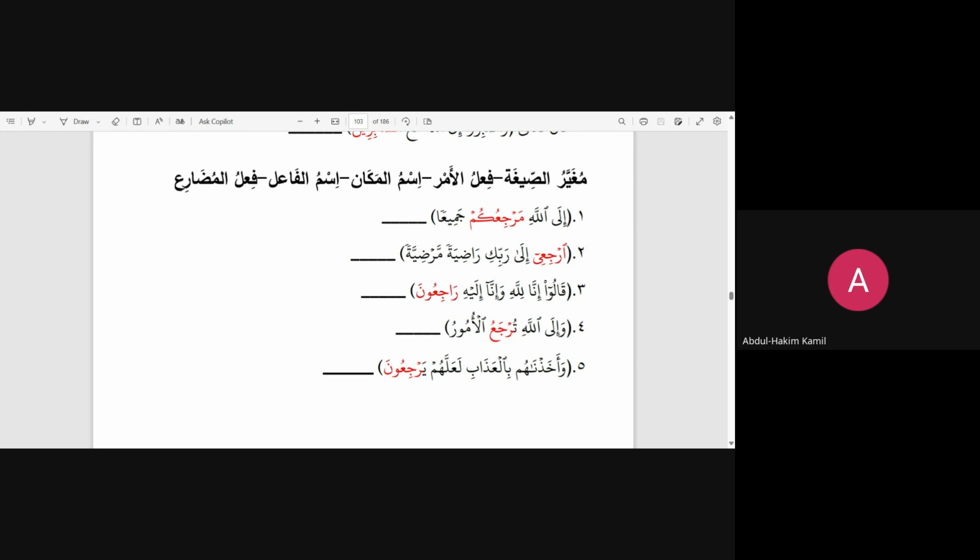Marji'ukum jami'an, that's a heavy statement. When you say marji'ukum and then jami'an, it's like everybody. You're all going back to Allah. Ilallahi marji'ukum, ism makan.